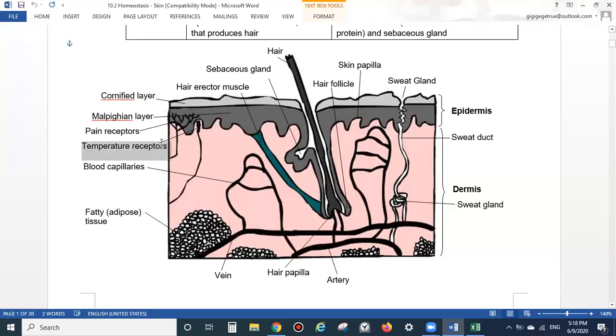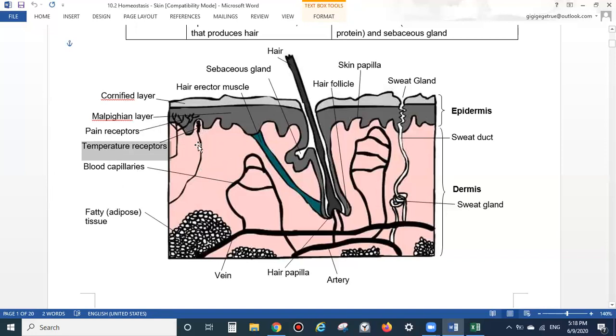Pain receptor is also known as pressure receptor. Why? Because when you touch your skin lightly, your pressure receptor is activated. But when you put more pressure on your skin, it becomes painful. So in other words, the pain receptor and the pressure receptor are actually the same thing.